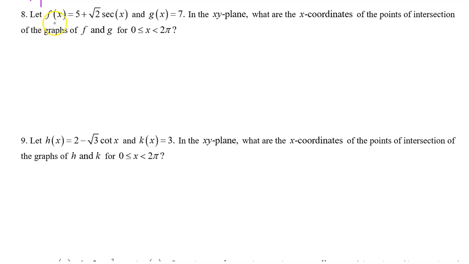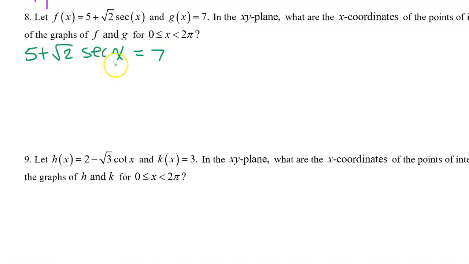Number 8. Let f of x equal 5 plus radical 2 secant x and g of x equals 7. In the xy plane, what are the x-coordinates of the points of intersection of the graphs of f and g between 0 and 2 pi? We can find the x-coordinates of the intersection points by setting function f equal to function g and solving.